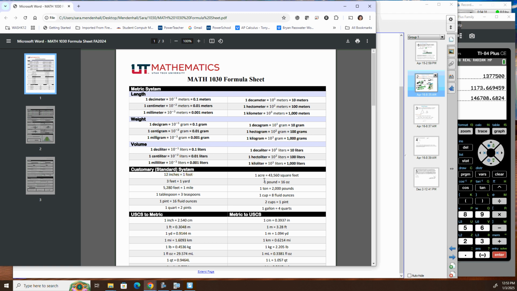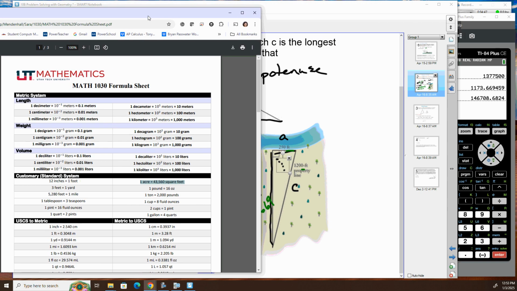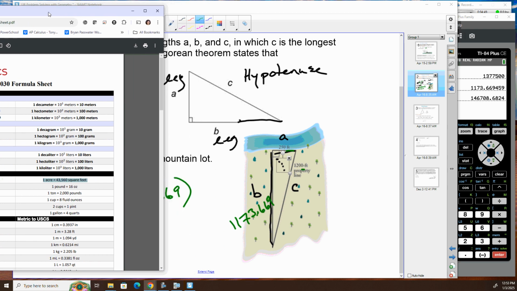And on your reference sheet, we have right here that 1 acre is 43,560 square feet. So I'm going to need to use that conversion from the reference sheet to help me figure out how many acres I have.